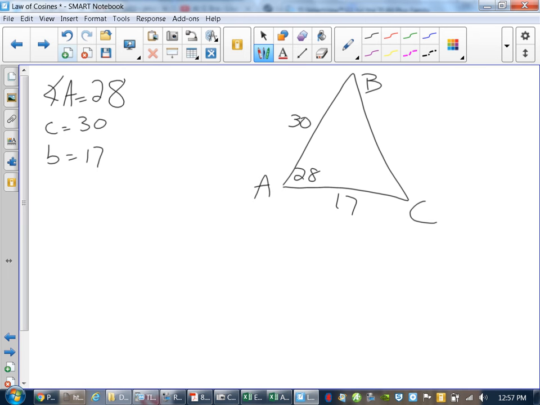Do I have an angle and its side opposite? Nope. Which means I can't use law of sines, which means I have to use law of cosines. Which angle do I have? A. So what side am I going to have to find? Little a. Write it out.